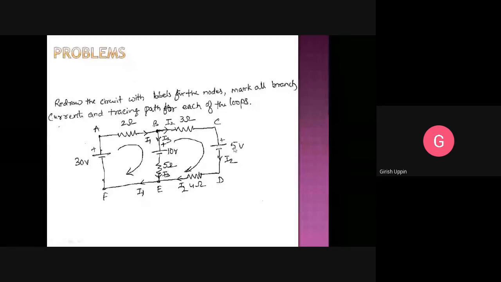Then you continue the tracing. Now we come across another resistor. What is the current flowing here? Same, in this branch I2 current will flow, right? I2. And the direction of the current and direction of tracing are exactly the same. So this voltage drop is plus 4I2.